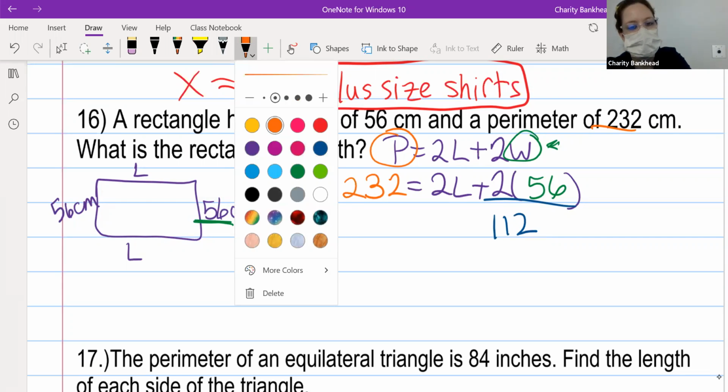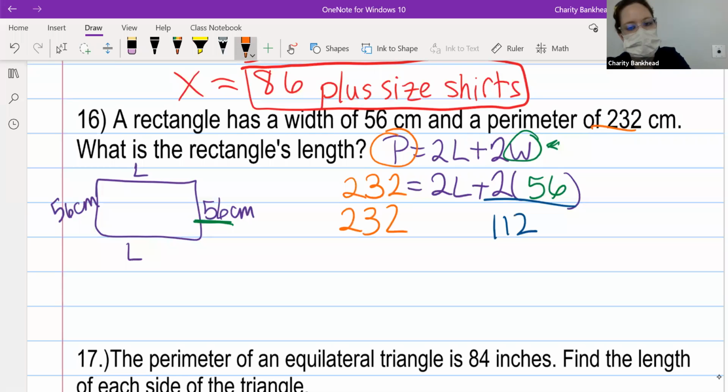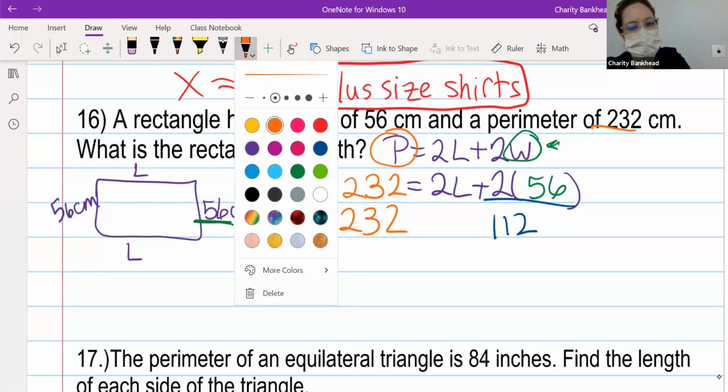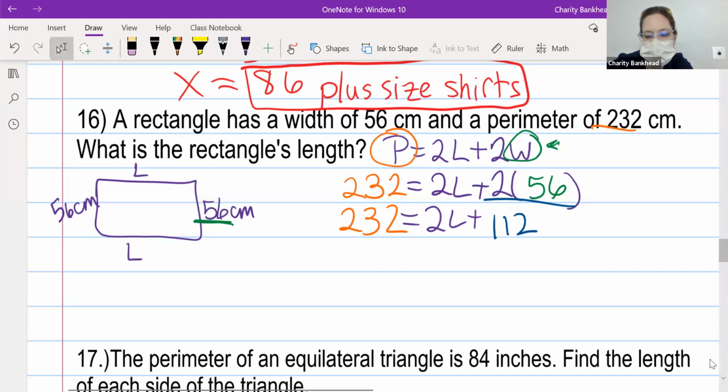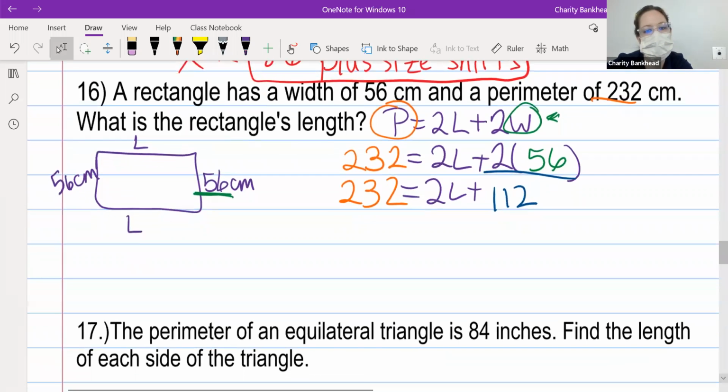So we've got 232 equals 2L plus 112. So then we just need to subtract 112 from both sides.